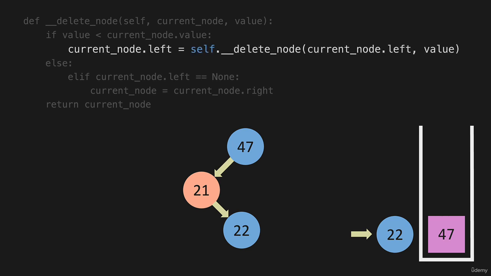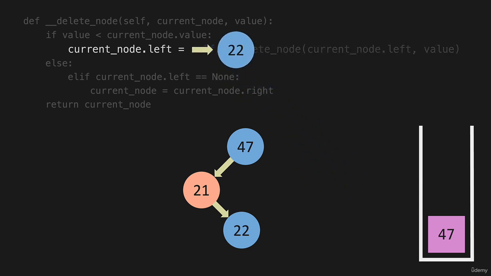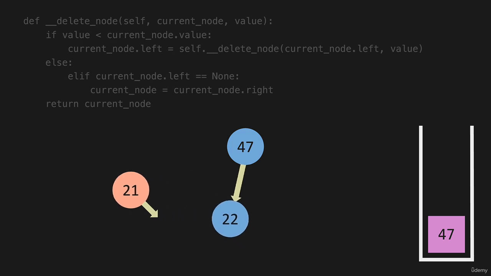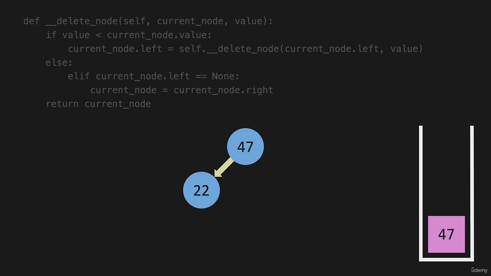This is the last line that it ran. And we're setting current node.left to be equal to this pointer to the 22 node, which takes that left pointer from that 47 node and points it down to here. Now that 21 node doesn't have anything pointing to it, and it gets garbage collected, and it is removed from the tree. And then, of course, this gets popped from the call stack.